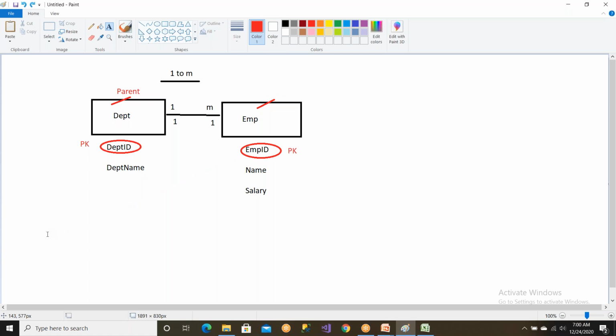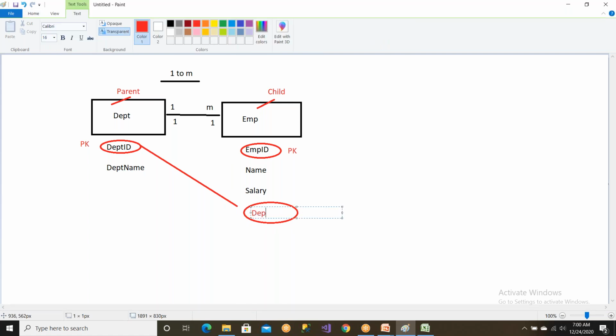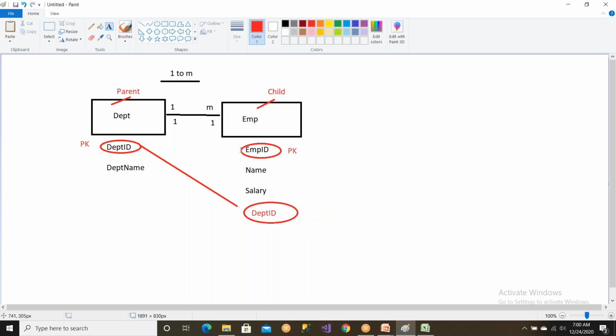Clear? So we have to take this and make this a foreign key. Am I clear? We also discussed referential integrity, and why we cannot have the employee ID as a foreign key here.